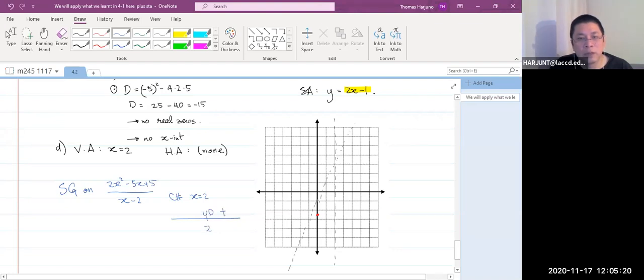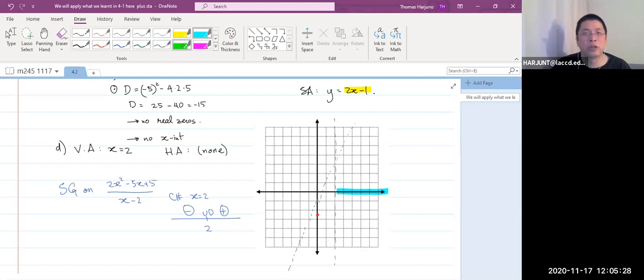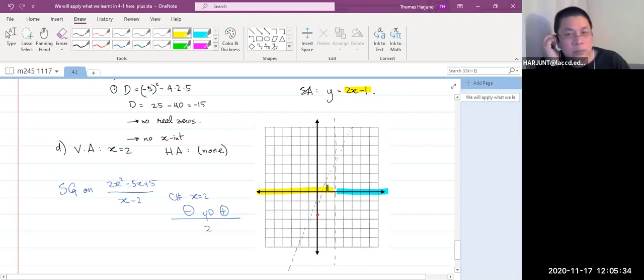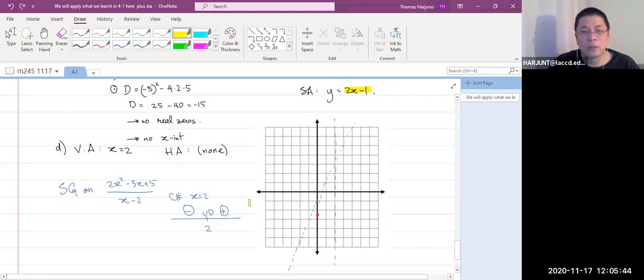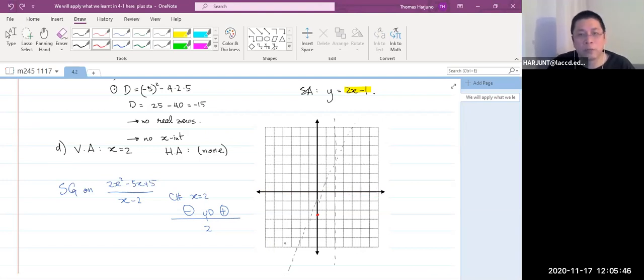And that will be plus here, minus here. So we know that to the right of x equals 2, it will be above the x-axis. To the left of x equals 2, it will be below the x-axis. We also know that it will come from the slant asymptote.